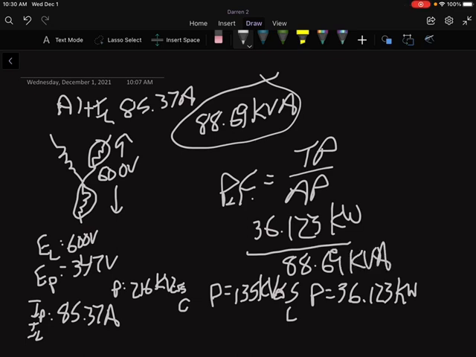I'm going to go and buy a better stylus later today. So 36.123 kilowatts divided by 88.69 gives us a power factor of 0.41, or 0.407, or 41%. And this would be capacitive, so it would be leading, so 41% capacitive.